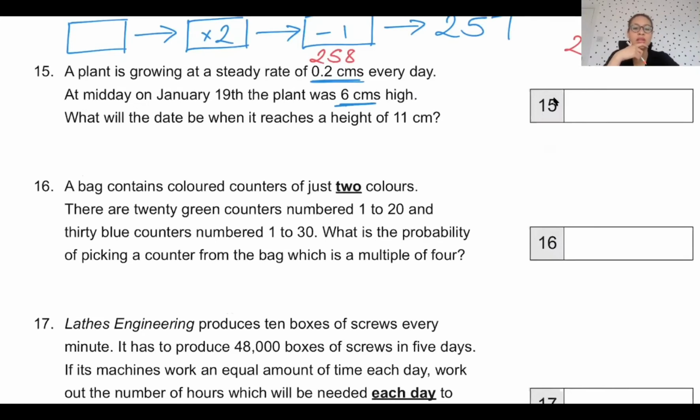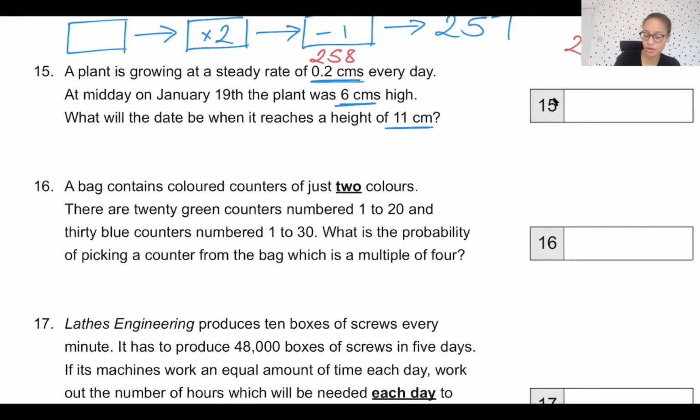And then tell me what our very first calculation is there. First thing I need to work out. I need to know how much the plant has grown. Yes, thank you, Olivia. So I just need to do 11 take away 6 for my first one.